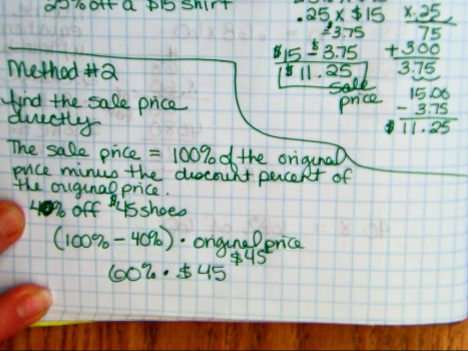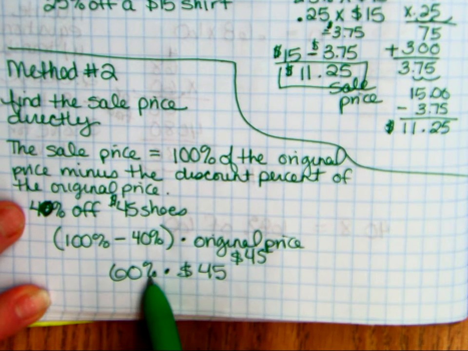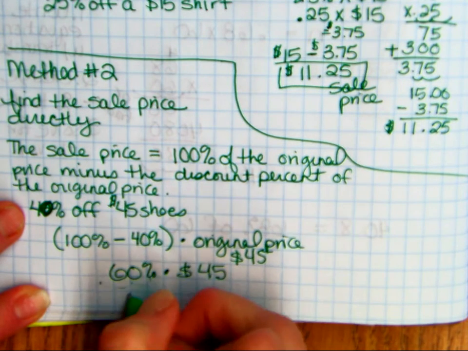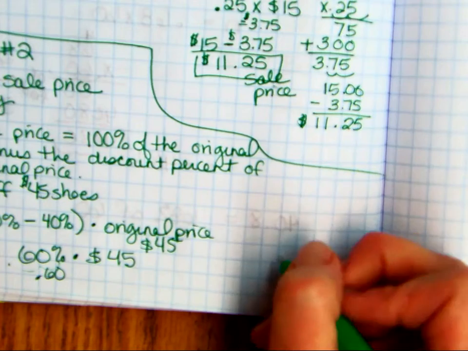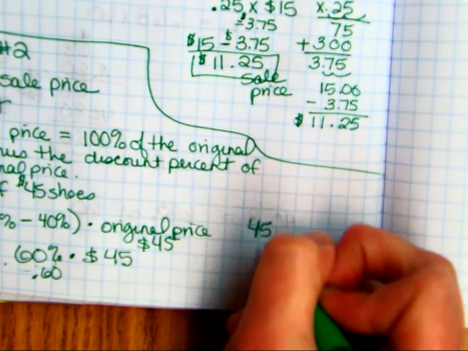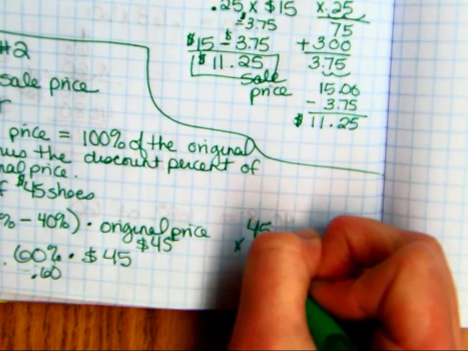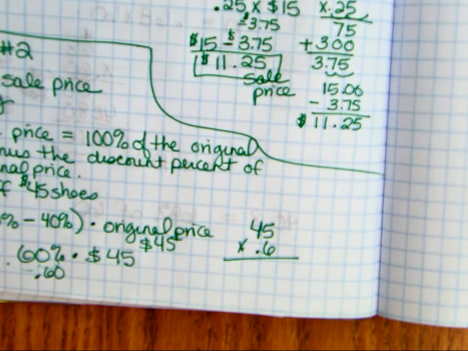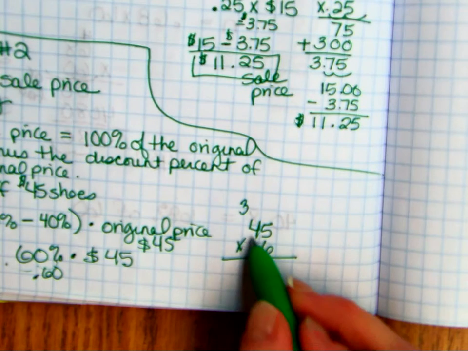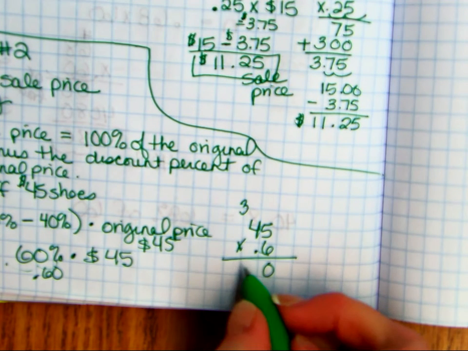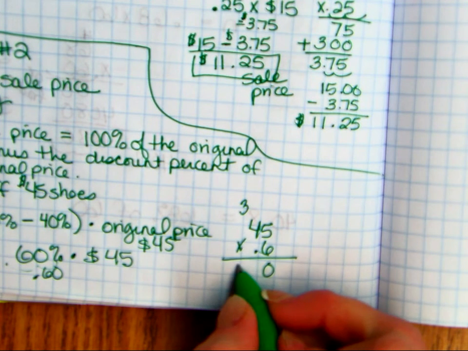Now, once again, I find it simpler to convert to decimal, but you could do a fraction if you prefer. If I convert this to a decimal, I'm going to end up with 0.60, but I like to make that simpler for myself, so I would do $45 times 0.6, because I just throw off that extra zero because it's not really necessary. 6 times 5 is 30. 6 times 4 is 24, plus 3 is 27.